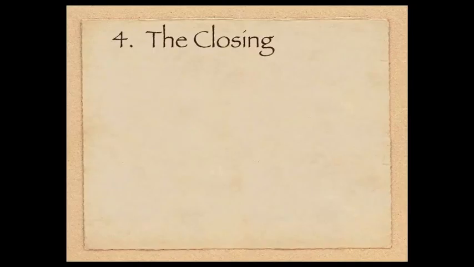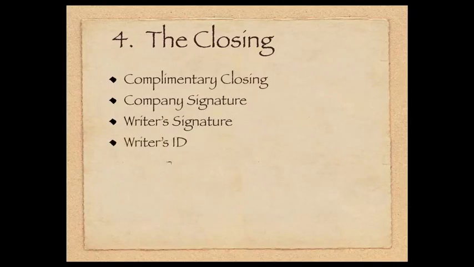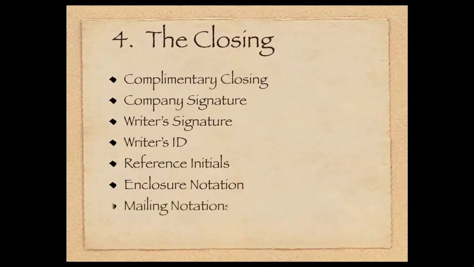Now there's a lot listed here. They don't all necessarily appear in a letter, but of the possibilities that could be in the letter, we have the complimentary closing, the company signature, the writer's signature, the writer's ID, the reference initials, the enclosure notations, the mailing notations, and the CC, BCC, and PS.